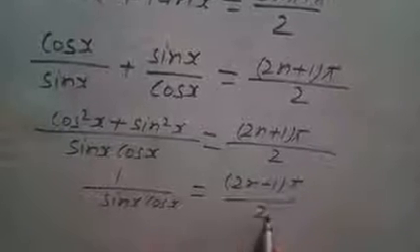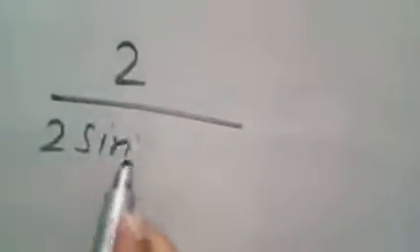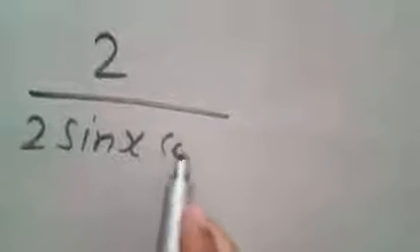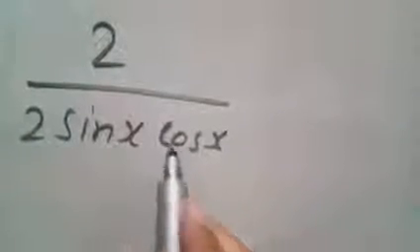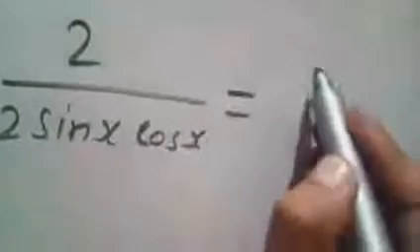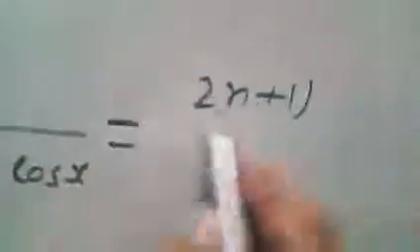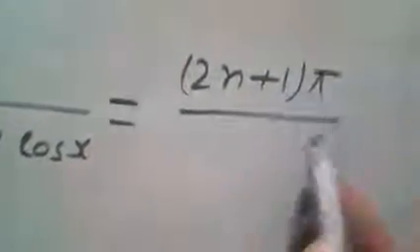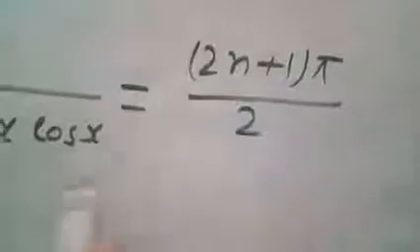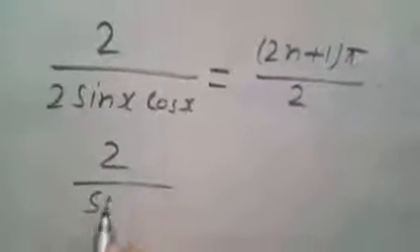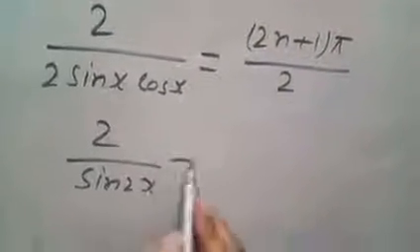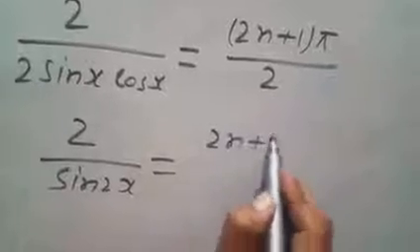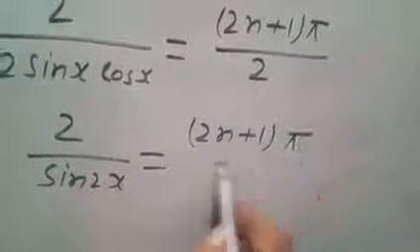So now on the left hand side, multiplying by 2 and dividing by 2, 2 upon 2 sin x cos x is equal to 2n plus 1 pi by 2. Now 2 upon sin 2x is equal to 2n plus 1 pi by 2.